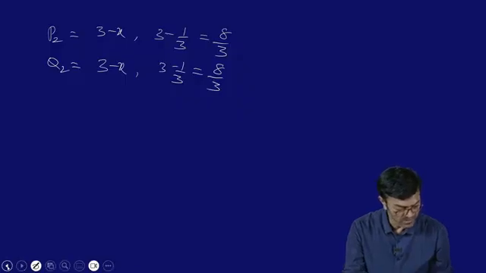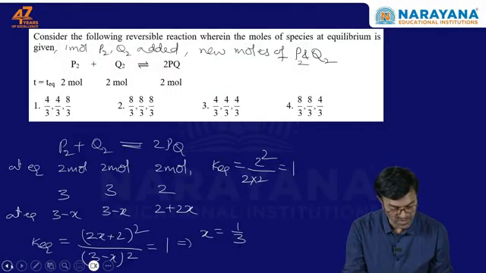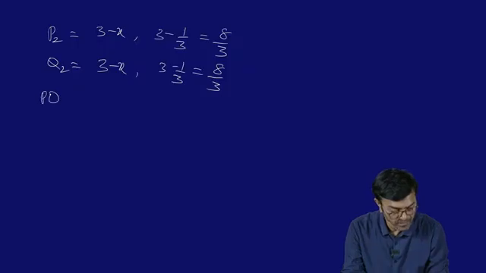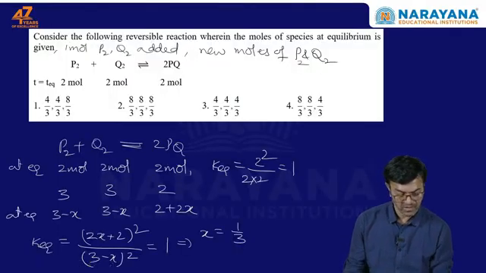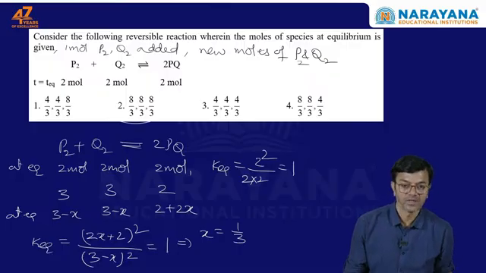And when you check PQ moles, that is 2 plus 2x, so 2 plus 2 by 3, that is also 8 by 3. So based on this, our answer will be option 2, all are 8 by 3. Okay.